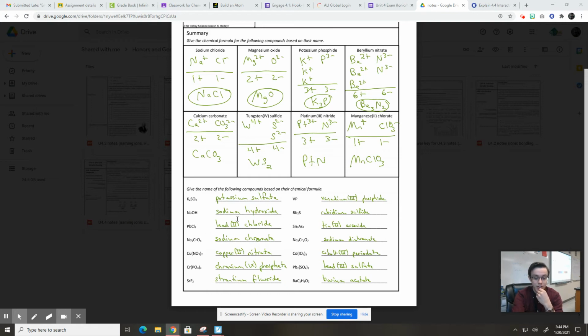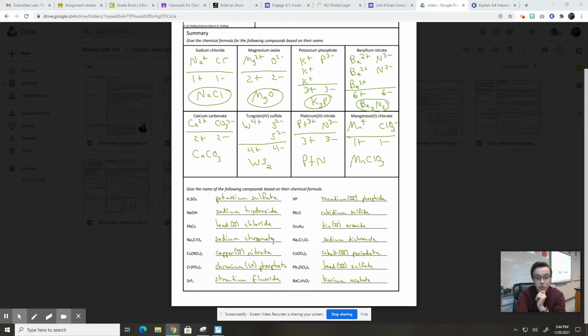It always has a -1 charge, but you have 2 atoms here. So -1 times 2 gives you -2. So for lead to be able to cancel out the overall -2 charge, lead's charge must be a +2. And you're going to indicate that with a Roman numeral, lead 2 chloride.